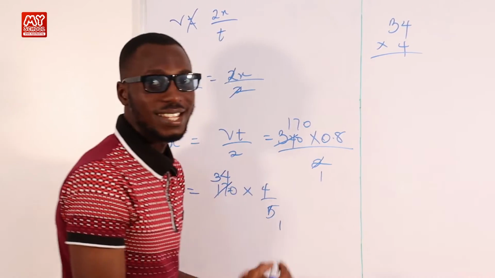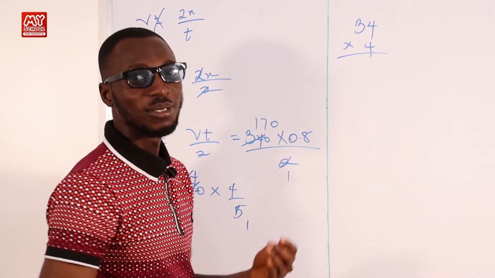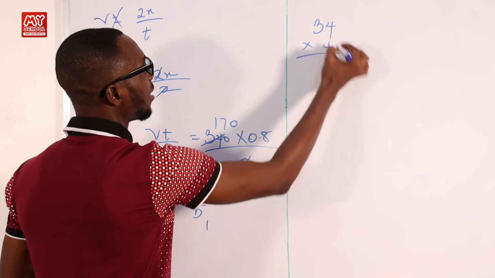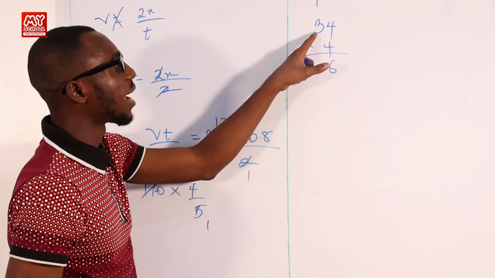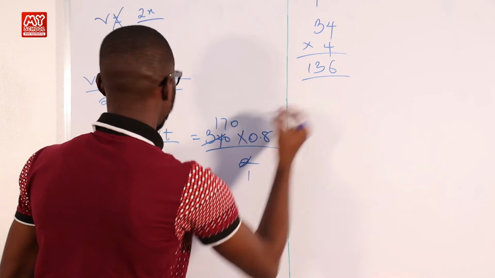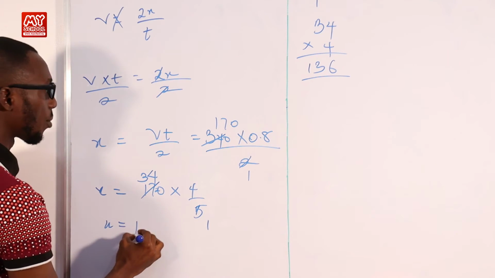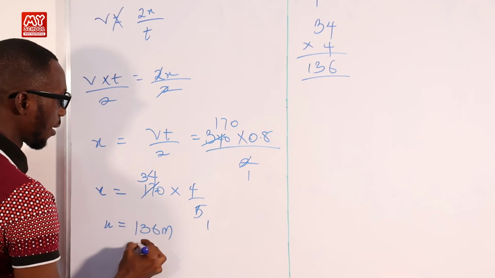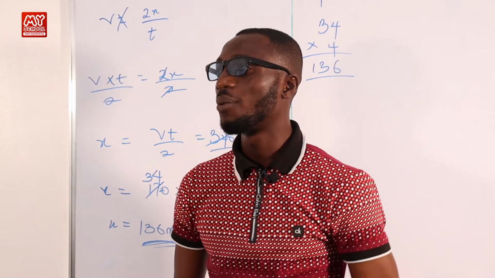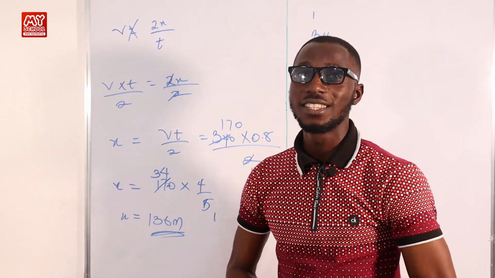All of these exercises is just to engage us without using our calculators. 4 times 4, that is 16. You carry 1. 4 times 3, that is 12, plus 1, that is 13. So we'd have the distance equals 136 meters. So join me as we go through our options together, and we'll see that option B is very correct.